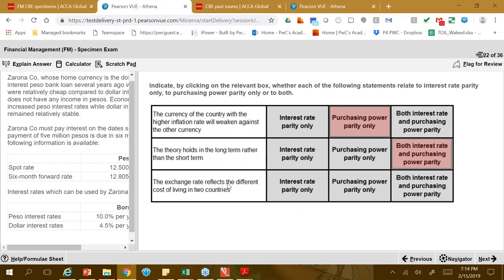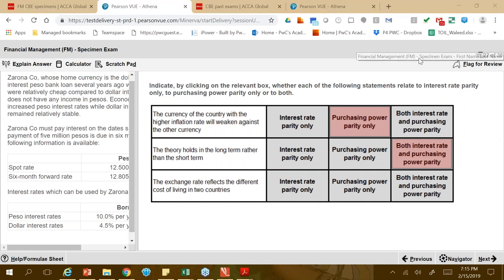The exchange rate reflects the different cost of living in two countries. So which theory says this? Is it the purchasing power parity theory or the interest rate parity theory?